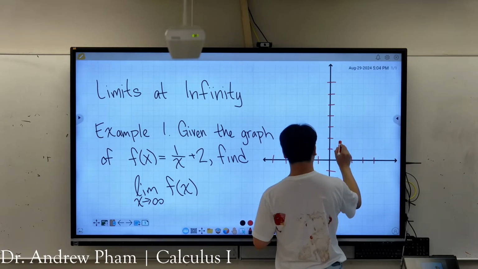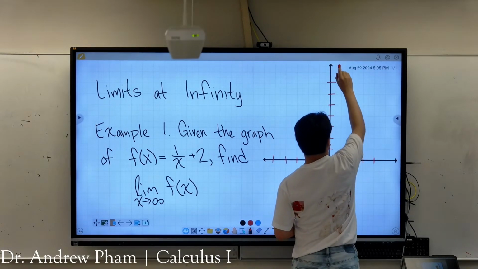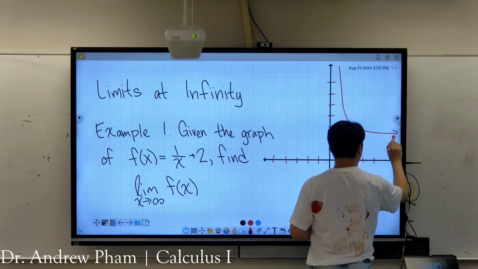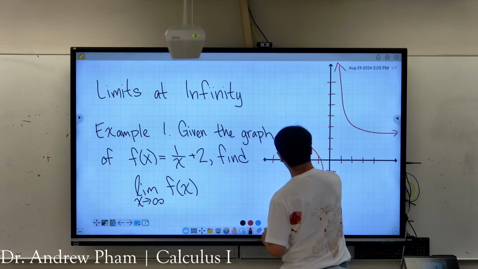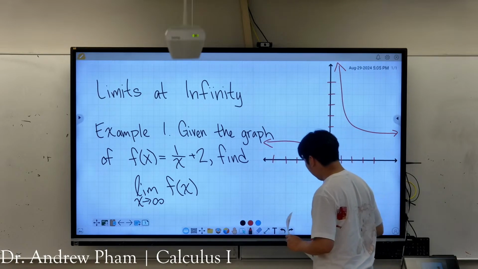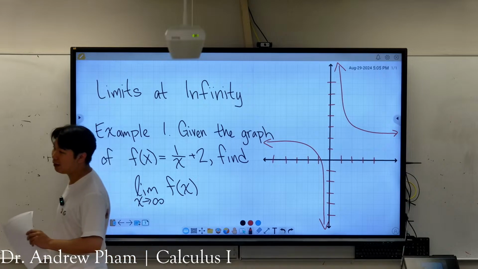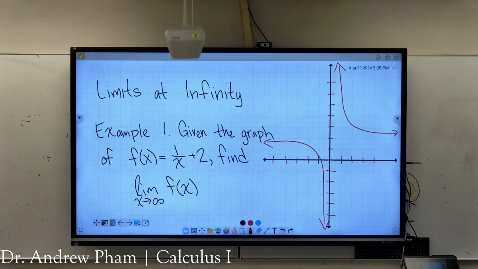Where's my function? There we go. So if my graph looks roughly like this, let's talk about the limit of this function as x approaches infinity.